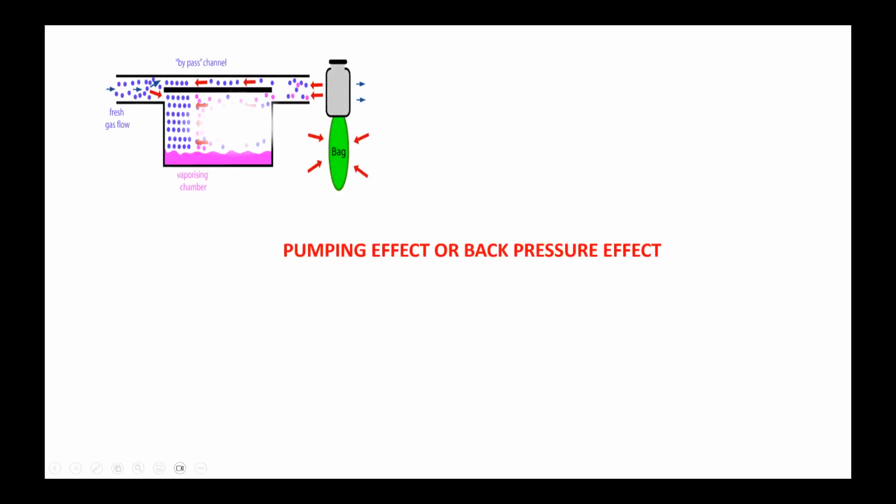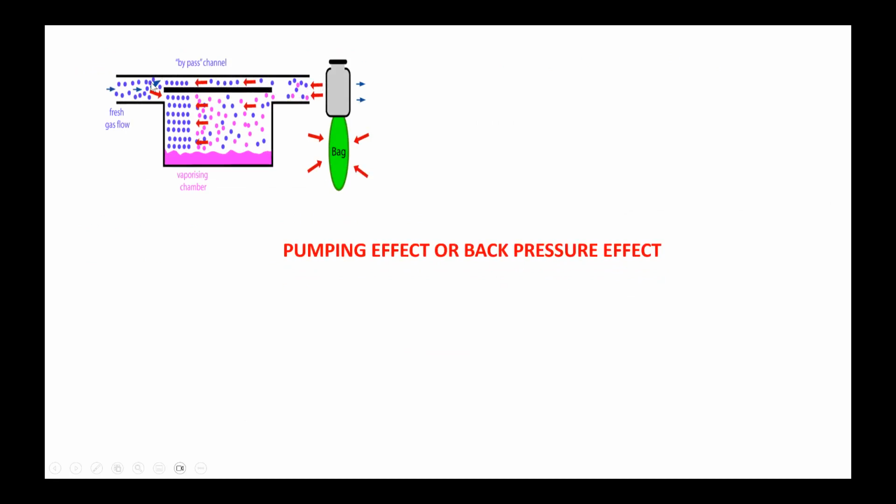So I will show you with this picture the pumping effect or back pressure effect. Now the bag is squeezed either by you or by the ventilator. So there is a forward pressure as well as a backward pressure. Okay, so the backward pressure goes to the outlet of the vaporizer, and this pressure travels through the bypass chamber also.